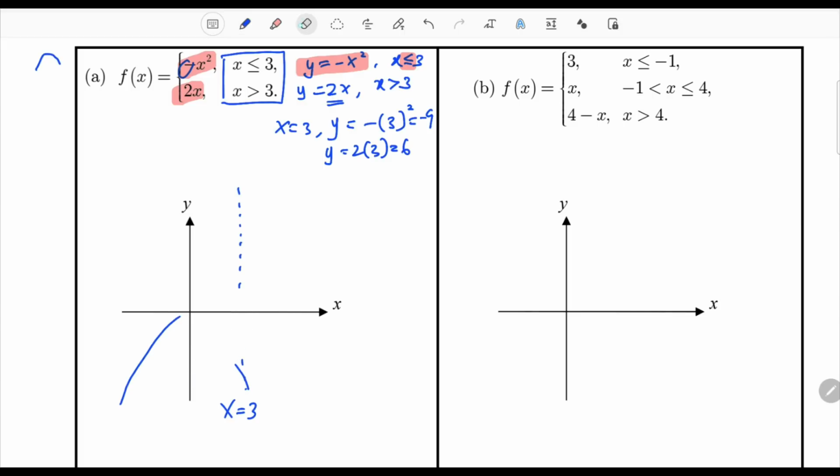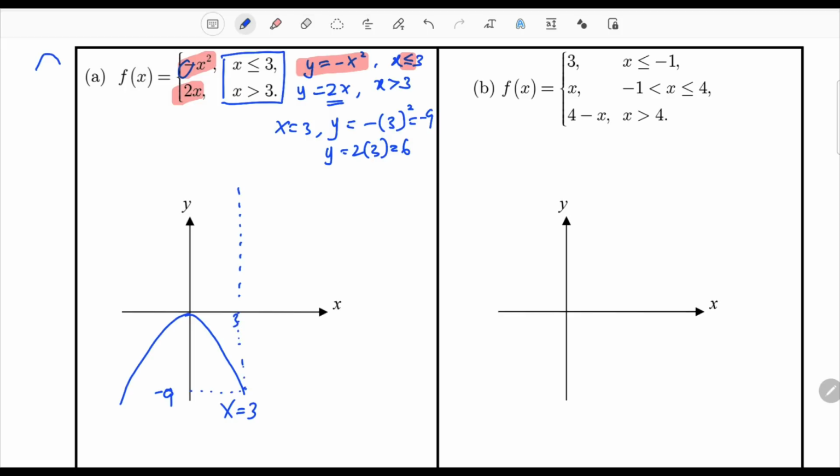So let's make it better. Hold on. Okay, that's the graph. Something like this. Oops, not good. Make it good. Alright, so let's say this is your negative 3 and negative 9. Yeah, negative 9. So this is your 3.